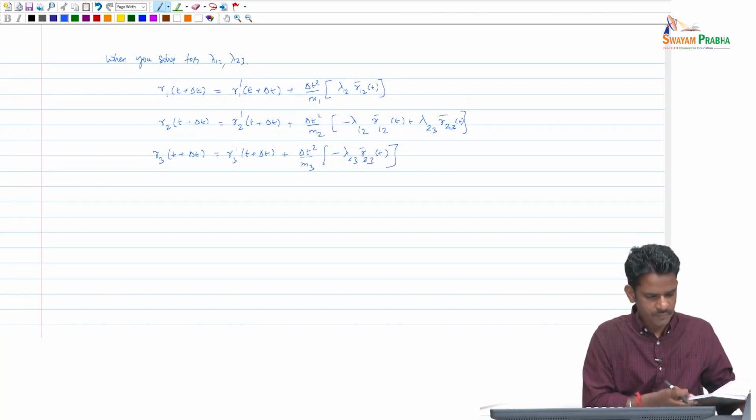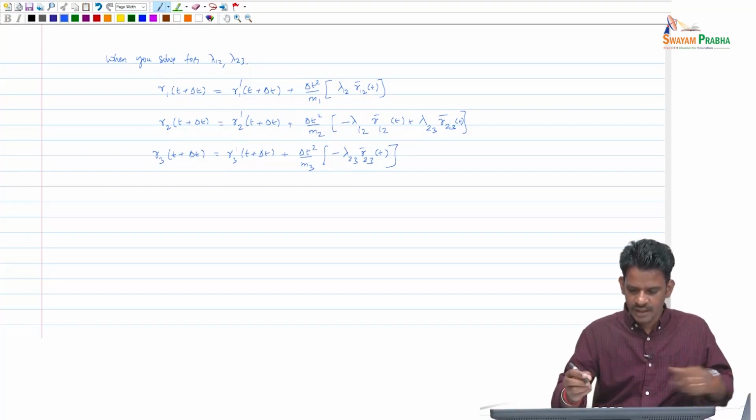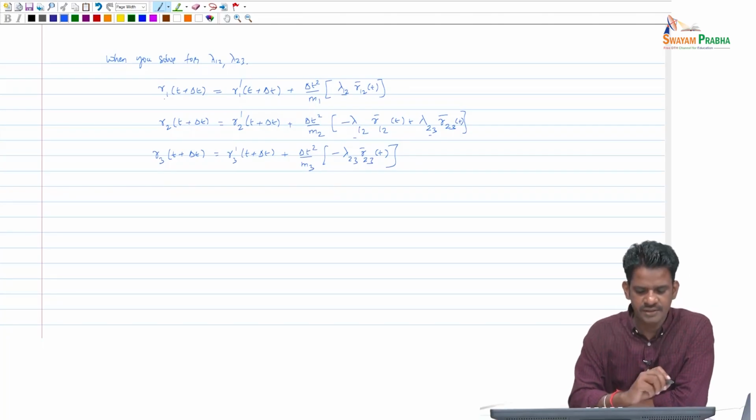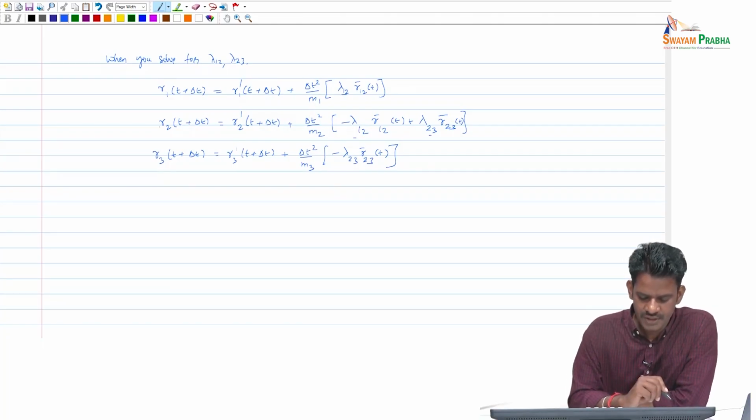That is all. So, this is the final step where, having found these coefficients lambda 12 and lambda 23, we substitute them in this equation and then finally update the particle positions.